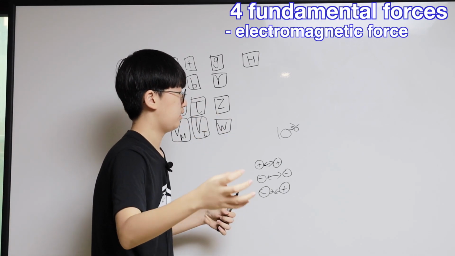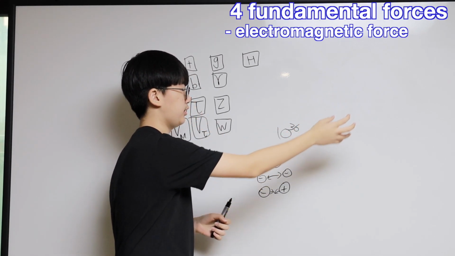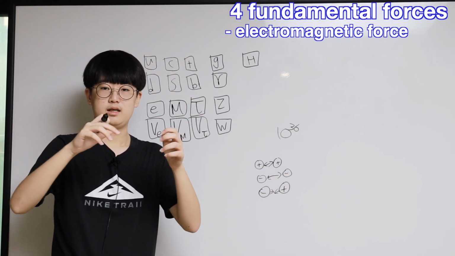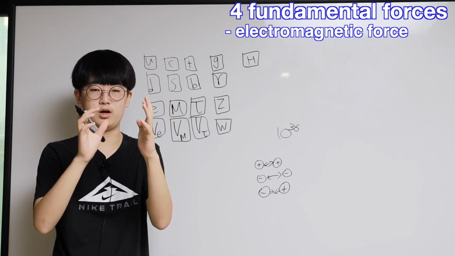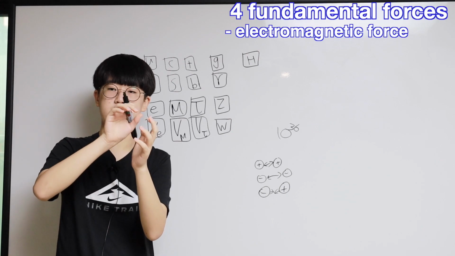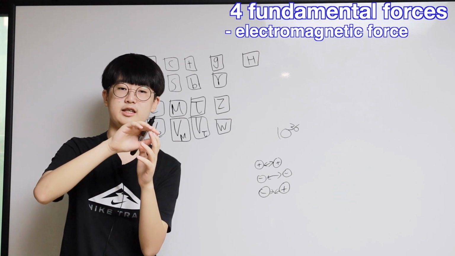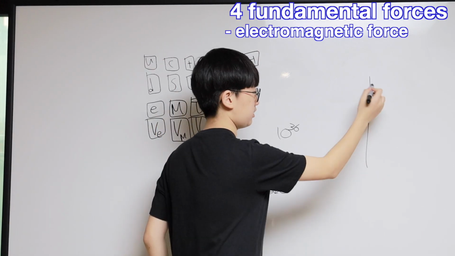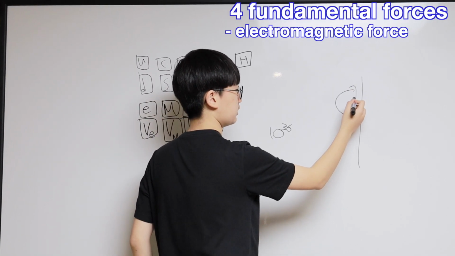And now if you put it onto a wall, some electrons on the wall are pushed away from the balloon because of the extra electrons on the balloon. This is the wall, this is the balloon.